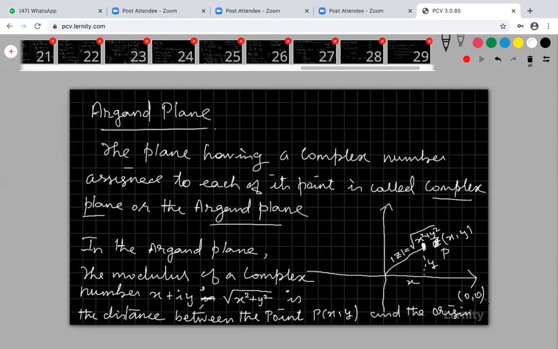Please take that. What is the modulus? Modulus is the distance between the point and the origin. Yeah, the same thing.